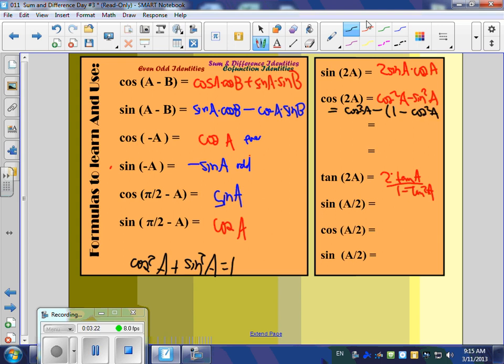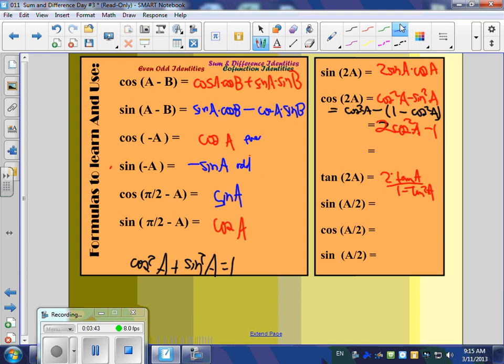What is cosine squared minus a negative cosine squared? That's 2 of them, right? So I'm going to write 2 cosine squared A, and then minus 1. This is an alternative for cosine squared A minus sine squared A.